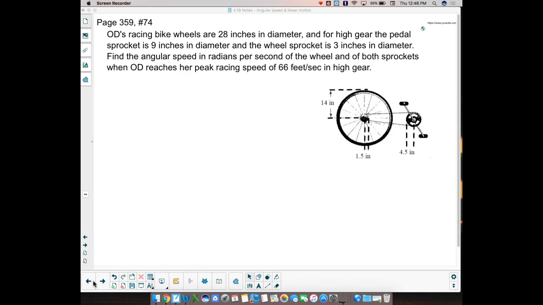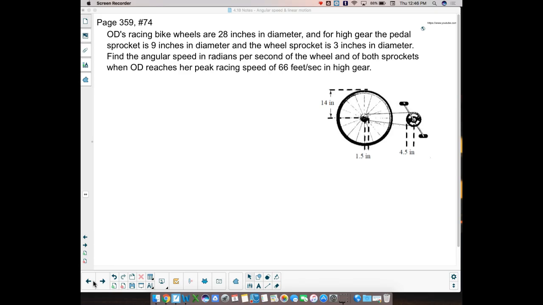What's moving at 66 feet per second? The belt is not moving at 66 feet per second. The bike is moving at 66 feet per second, which means the tire is moving at 66 feet per second.